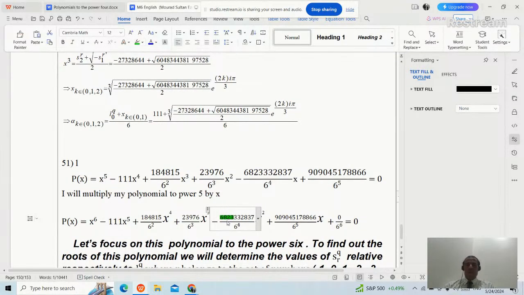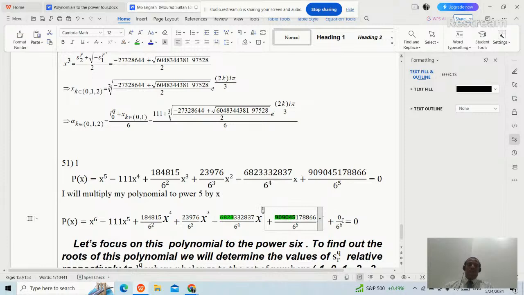So minus 6,823,332,837 divided by 6 to the power 4 x squared plus, plus 909,045 million and 178,866 over 6 to the power 5.